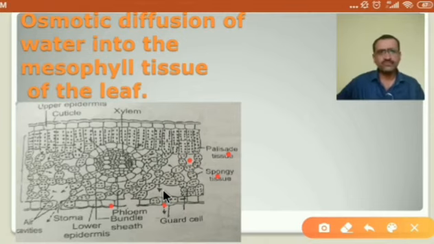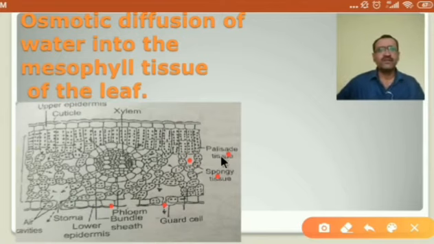These two are the guard cells. This whole part is the stomata, and this is the pore, the stomatal pore. This is the lower epidermis, and here is another stomata. These are the air cavities or air spaces.